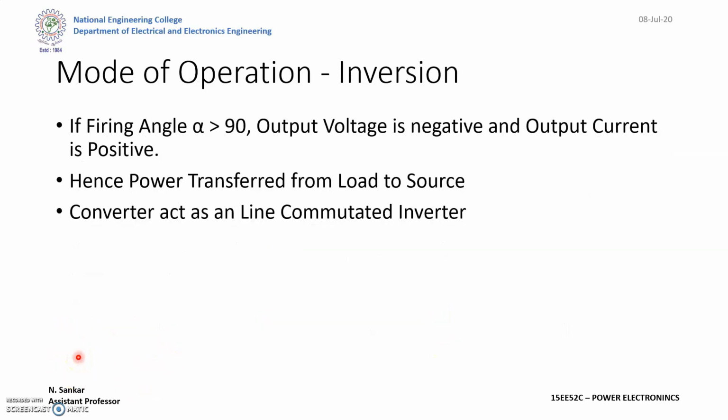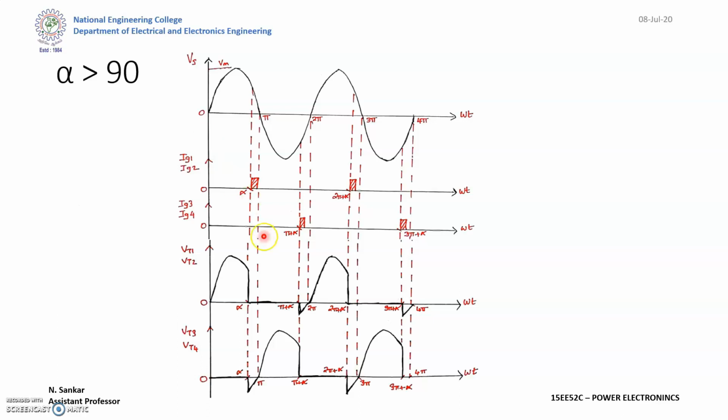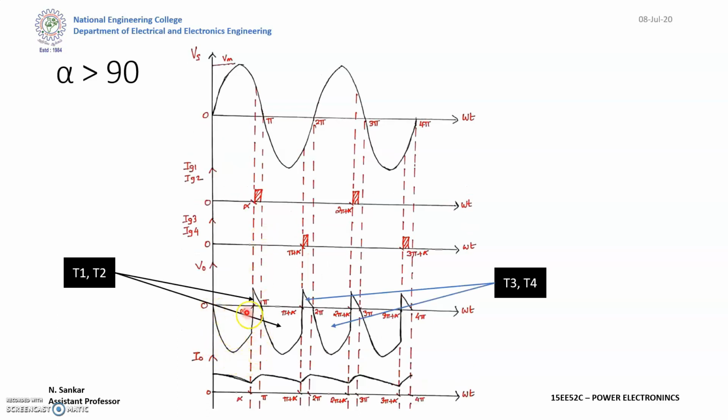If the firing angle is greater than 90, that is alpha is greater than 90, you can see the output voltage is negative from 0 to alpha, and it is positive from alpha to pi. If you see the net voltage, the area from 0 to alpha is much higher compared to the area from alpha to pi.